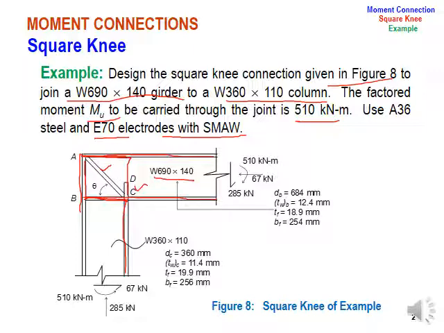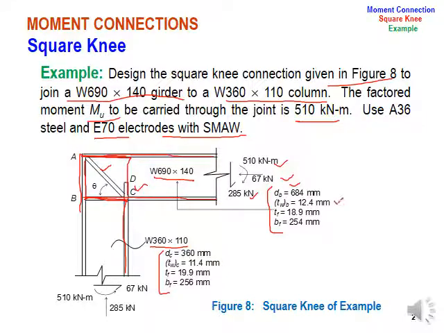So we have only the input data in terms of the specification of your beam and specification of your column from the tables, and also the applied moments and applied shears. First of all we can make a list of all the required parameters and the properties of your specified sections for beam and column.